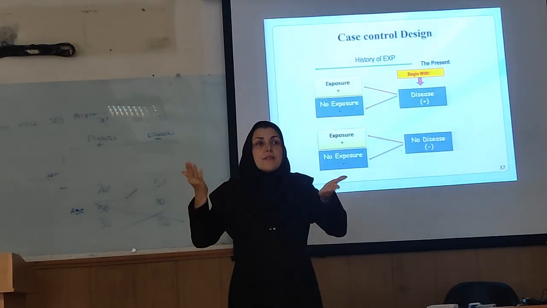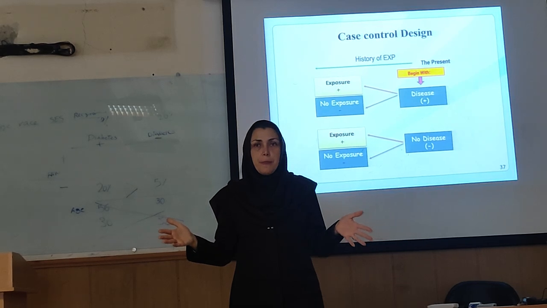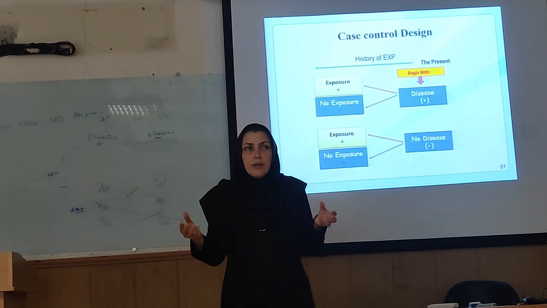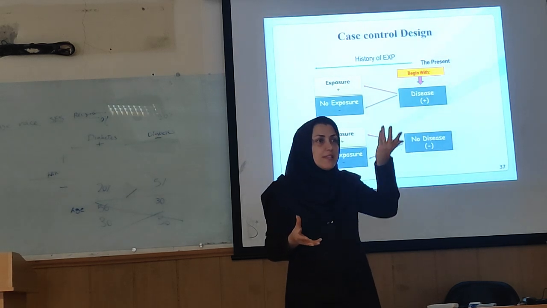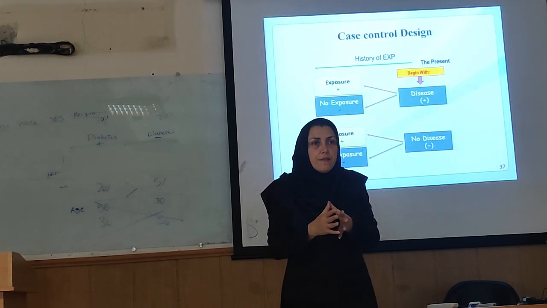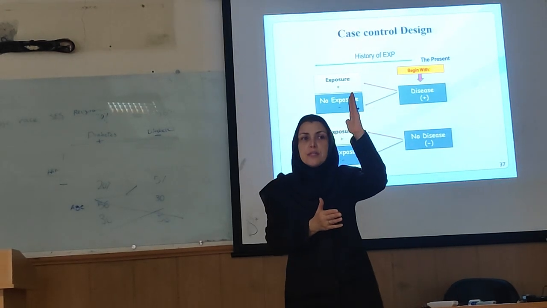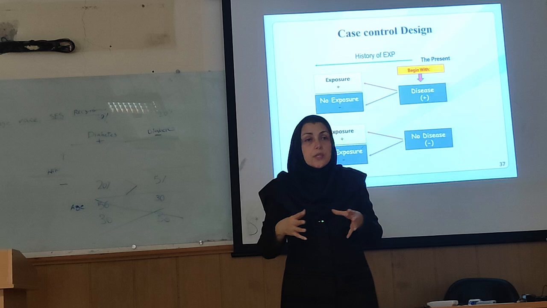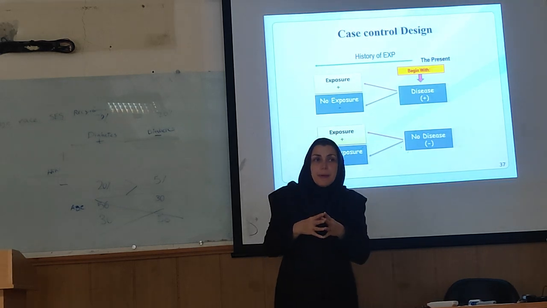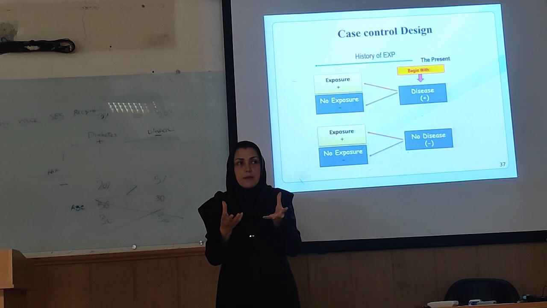Very good. Sometimes exposure is good. For example, physical activity. If the exposure is physical activity, higher physical activity, lower disease. So, it depends on the exposure that you work with.